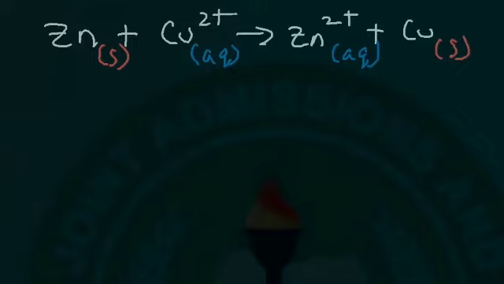reduced first. So notice that for zinc, the oxidation number increases from 0 to 2 plus. So therefore, we could say zinc was oxidized. And for the copper 2 plus ion, notice that the oxidation state decreased from 2 to 0.